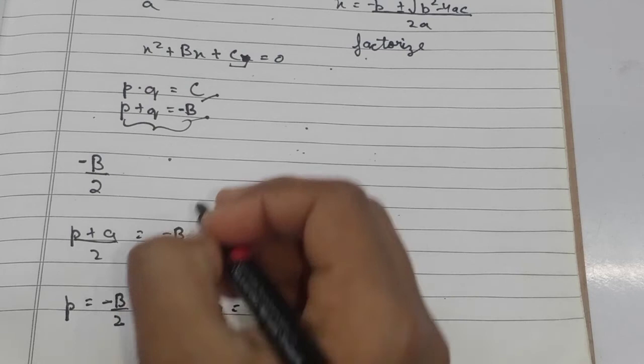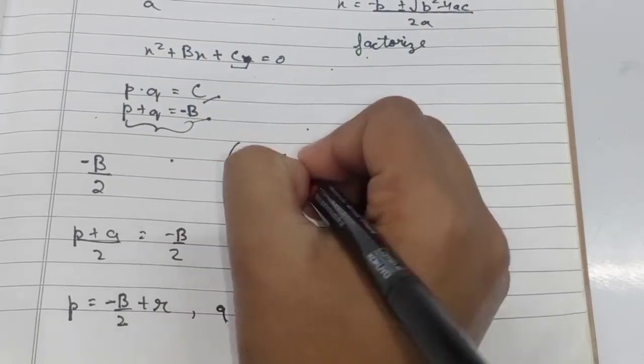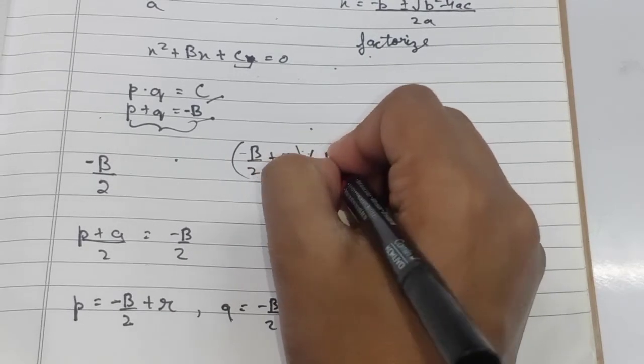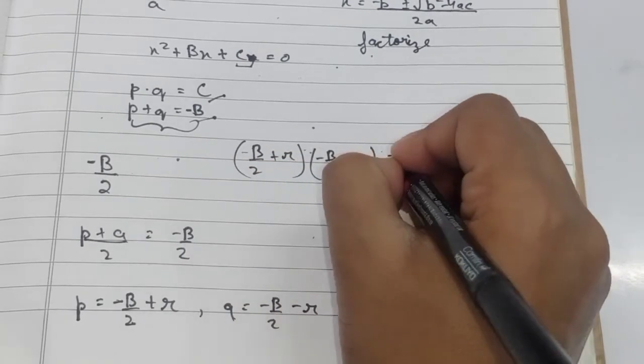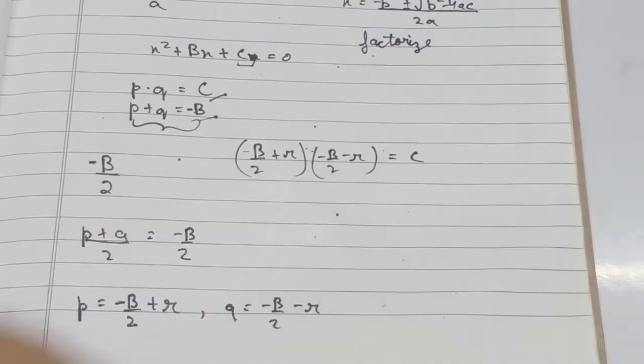Now minus b upon 2 plus r multiplied by minus b upon 2 minus r is equal to c, right? p into q is equal to c.